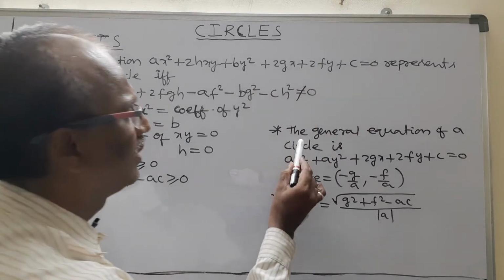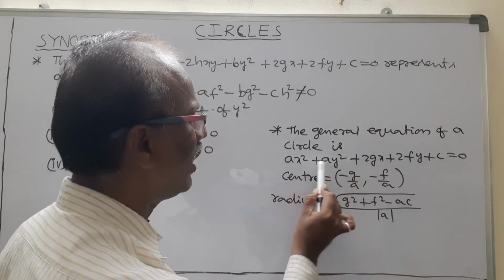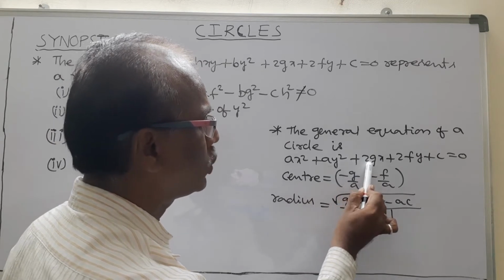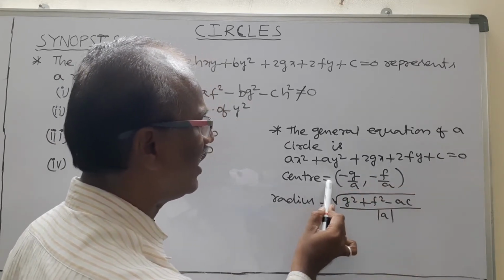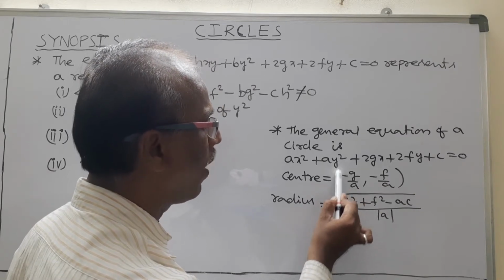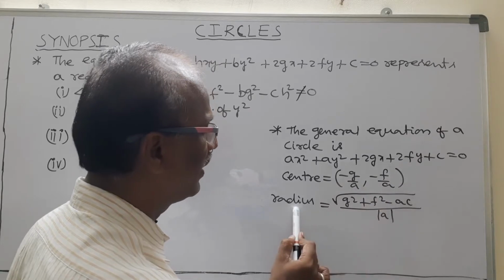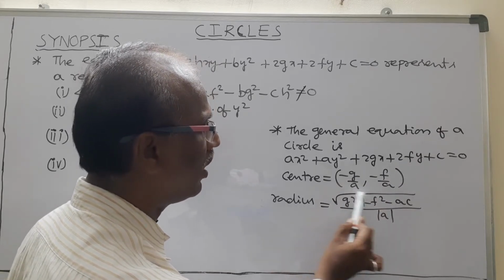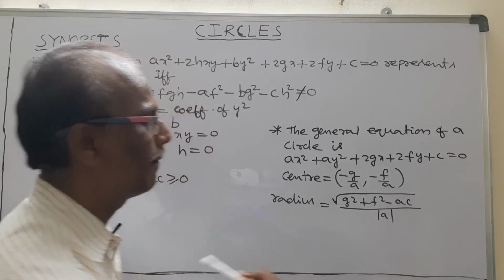Next, the general equation of a circle is ax square plus ay square plus 2gx plus 2fy plus c equal to 0. Here the center is (minus g by a, minus f by a). The radius equals root of g square plus f square minus ac, divided by mod a.